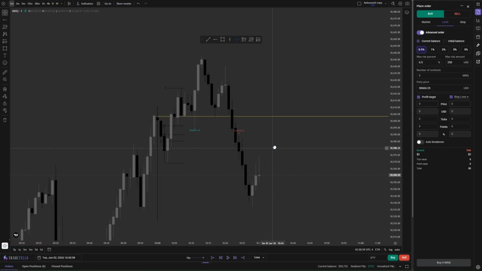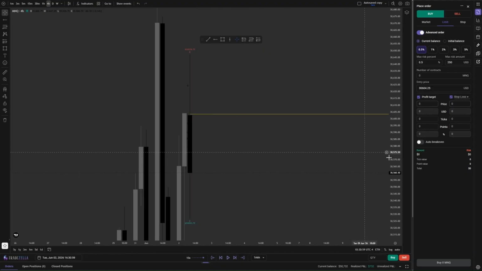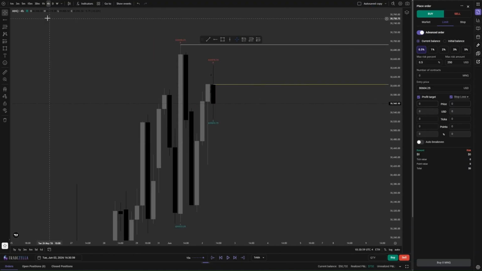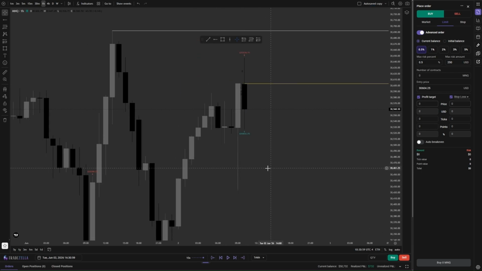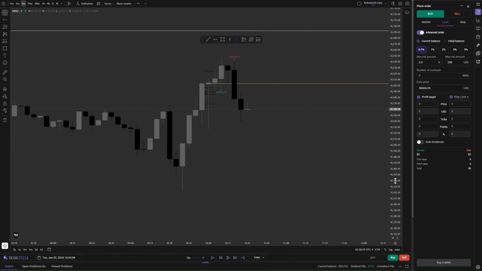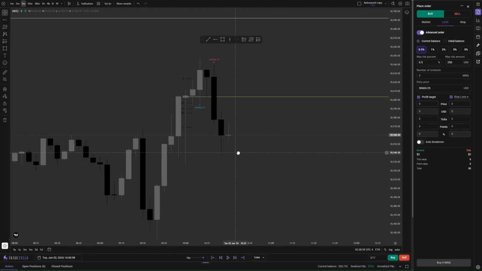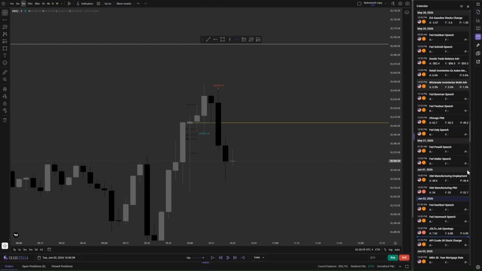So now price is going to retrace into 10 a.m. We can take this as a manipulation of the 4-hour candle. I'm going to change my short-term bias to see if there's anything to target. Not really, but we do have some liquidity, engineered liquidity maybe. This is maybe a news wick. Let me see.